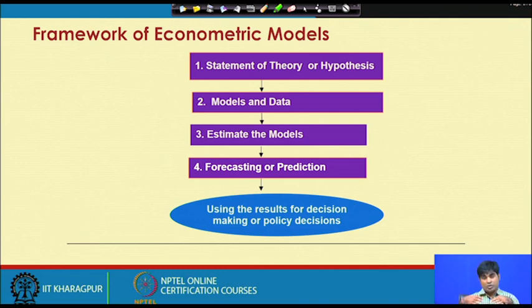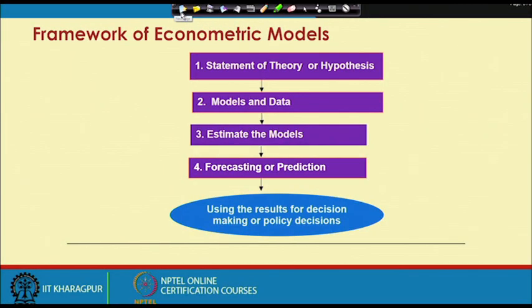That means in the definition itself we have theory, models and data, and in the models and data we have some techniques to get empirical outputs. So, we have an input cluster and an output cluster. Then we would like to see how these inputs can be connected to get some outputs. That is what is called econometric input and econometric output.